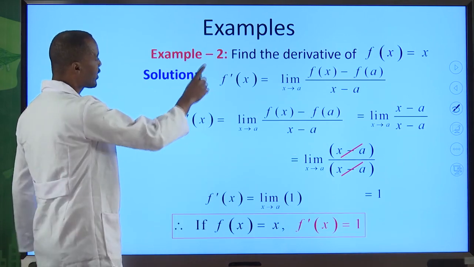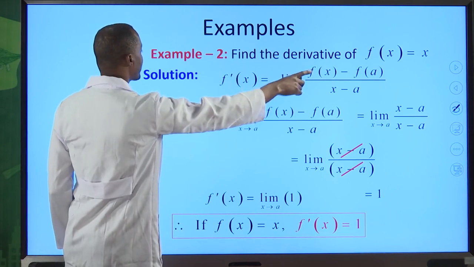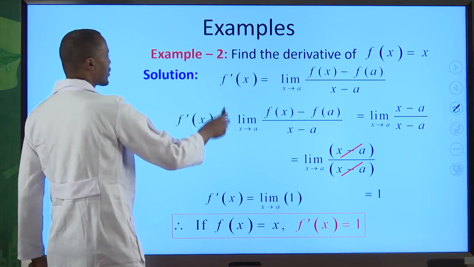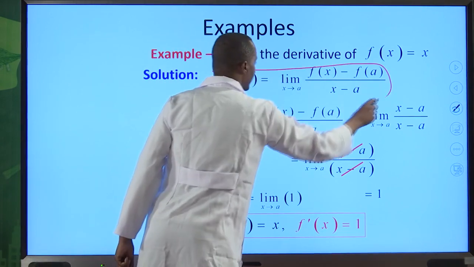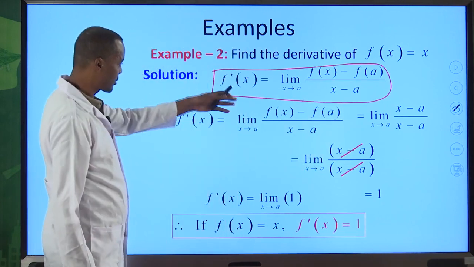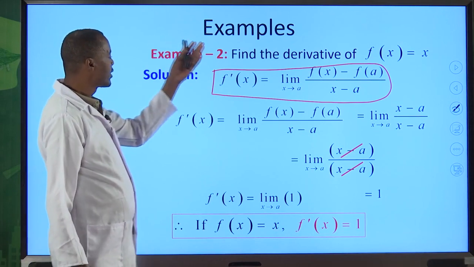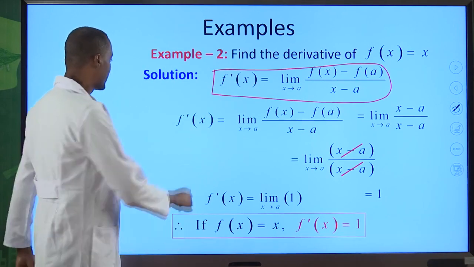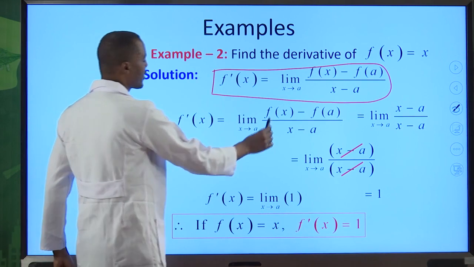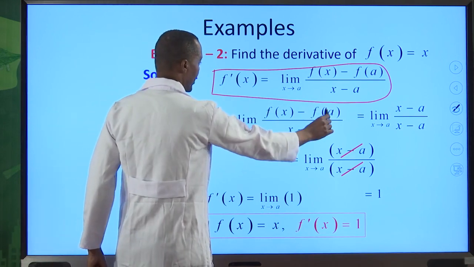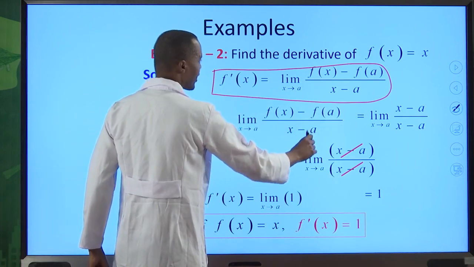The second example, find the derivative of f of x is equal to x. Still, I'm using the same formula for my derivative. That is this one, that we have derived earlier directly from the definition of a slope. So f derivative of x is the limit of f of x minus f of a divided by x minus a.